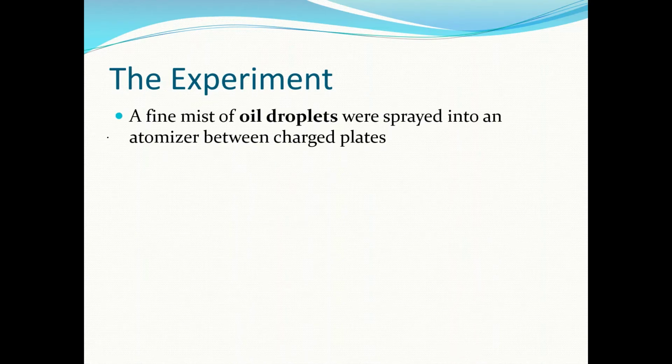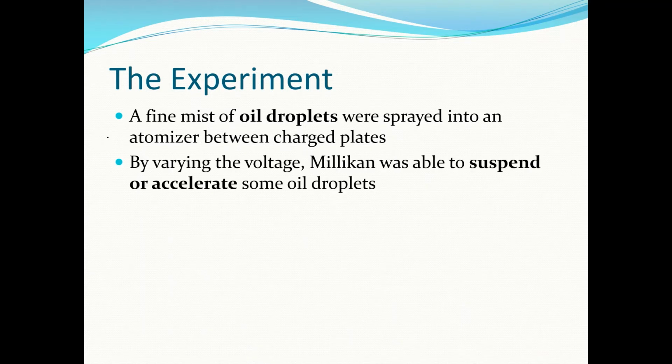So to summarize, what he did was he had a fine mist of oil droplets which sprayed into an atomizer between charged plates. So what an atomizer does is it gives them positive or negative charges. We talked about shooting X-rays at it, it gives them positive or negative charges. So by varying the voltage, Millikan was able to suspend or accelerate some of those oil droplets.